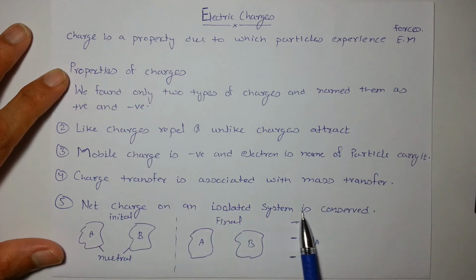Net charge on an isolated system is conserved. Let's say this is an initial system in which A and B are two objects, both neutral.